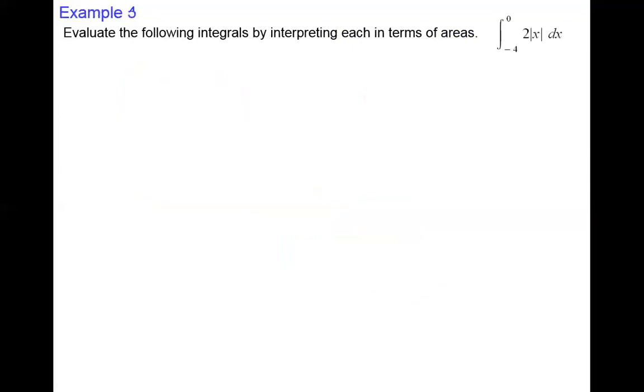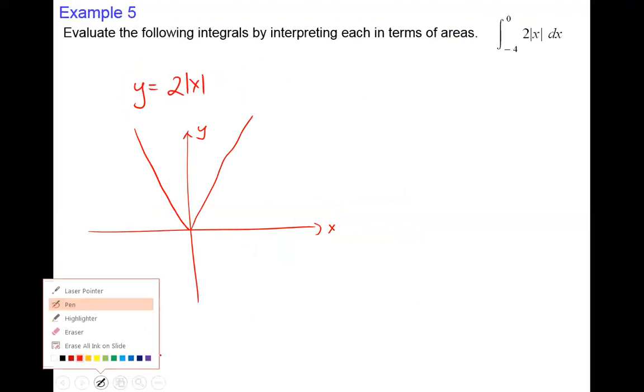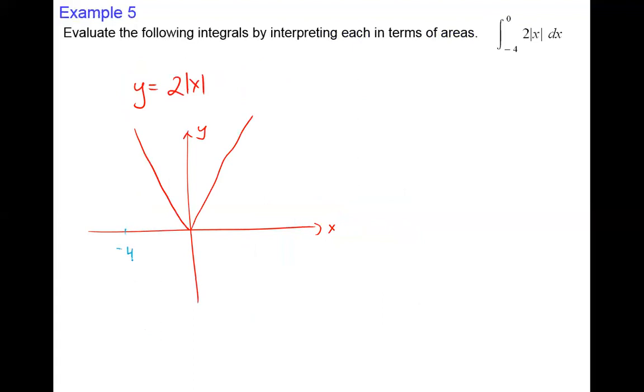Okay. And I have another one. Evaluate the following integral in terms of the area. Now my function is 2 times the absolute value of x. The graph is a little bit slimmer because each value is multiplied by 2, but it's still an absolute value. And the limits of integration are from -4 to 0.